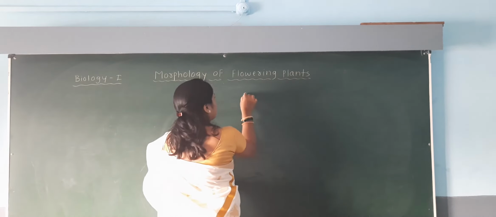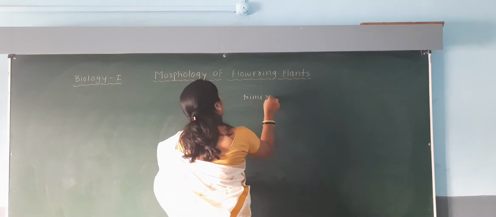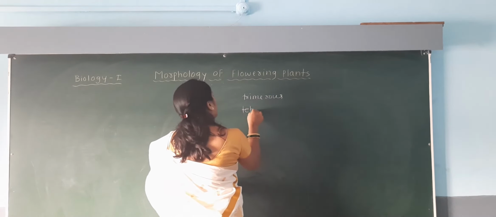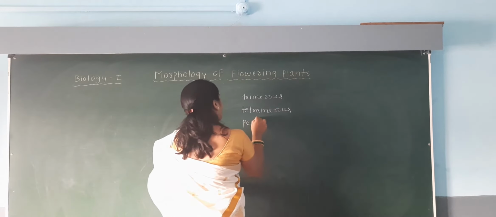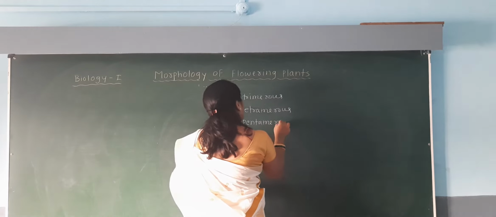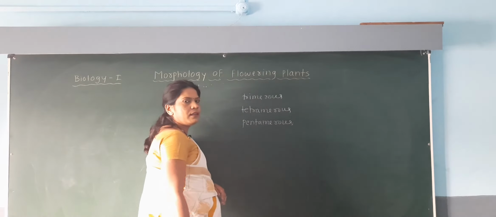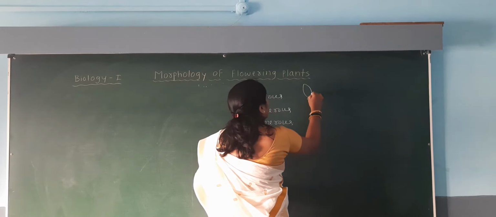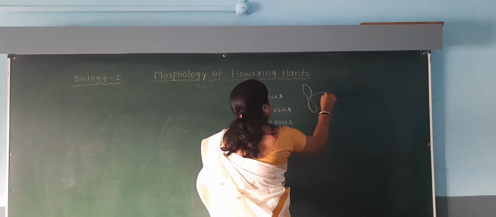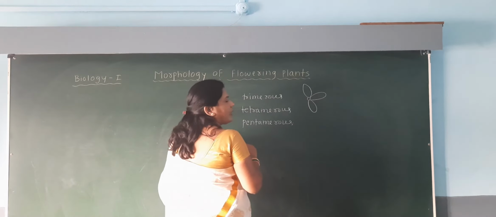So here, trimerous, tetramerous and pentamerous. These are the types of flower. Trimerous means suppose this is a flower, here you will get 3 parts like this.